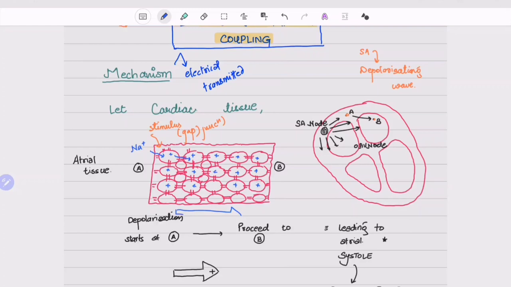The depolarizing wave goes from point A to point B. So this depolarizing wave is depicted by a positive vector from point A to point B, like this.